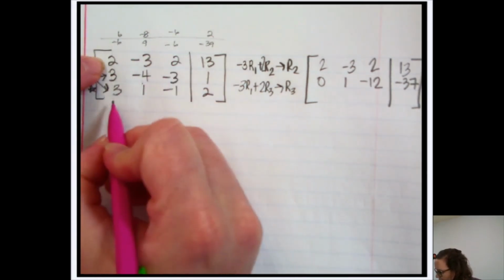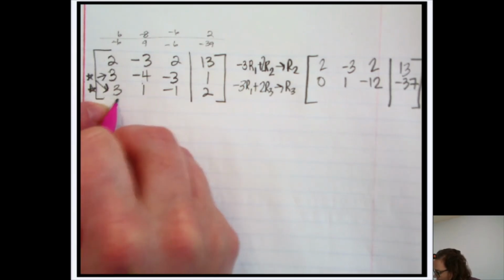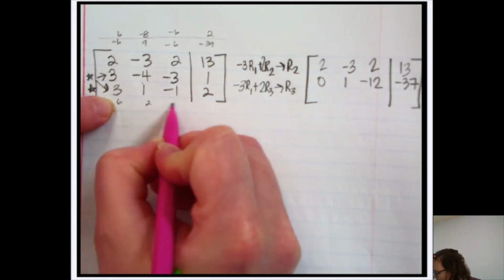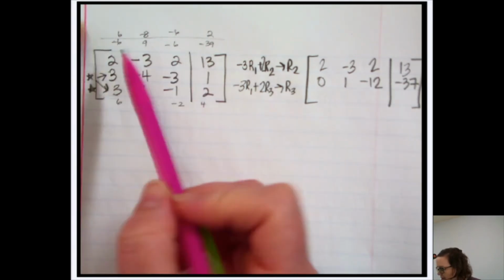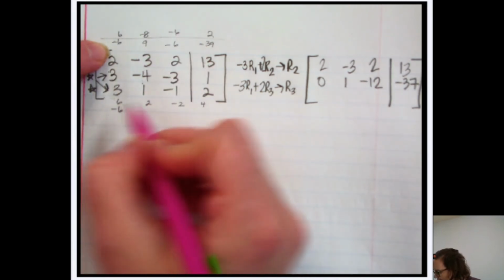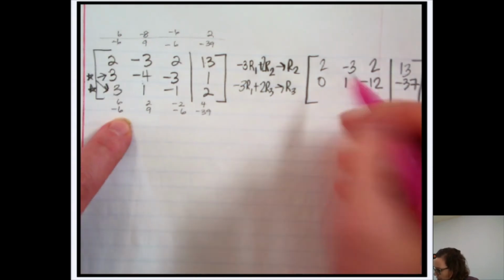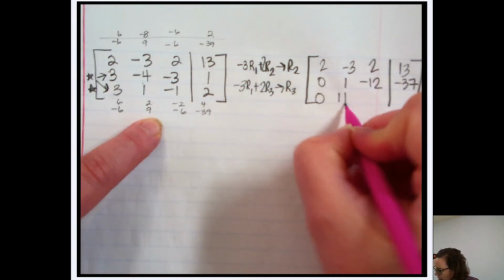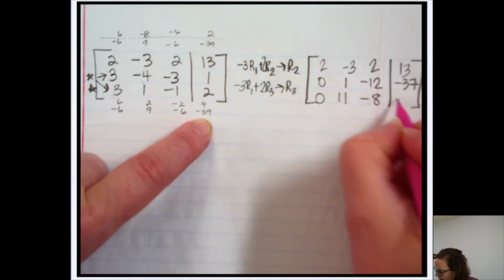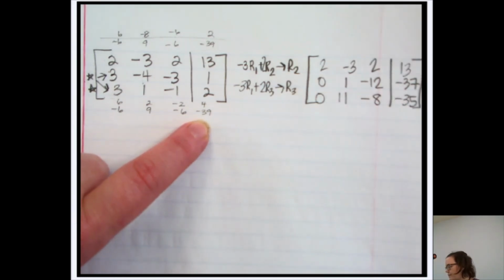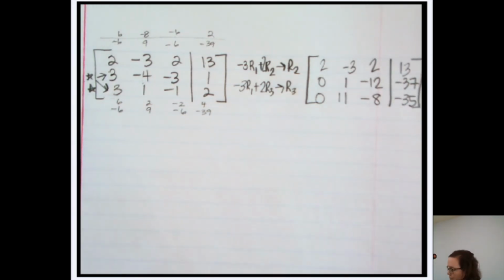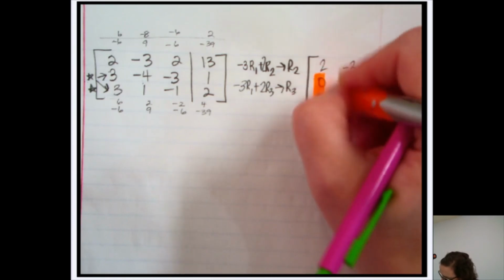So this would be, if we did times 2, this would be 6, 2, -2, and 4. And then my top one was -6, 9, negative 6, negative 39. Okay. So I get 0, 11, negative 8, and negative 35. Okay, so the good part here is I do have my 2 zeros.